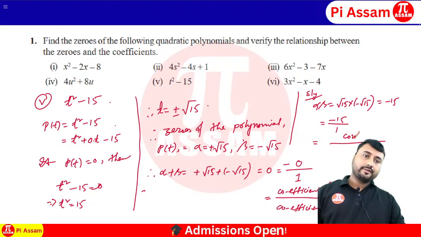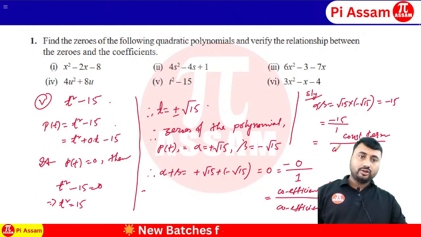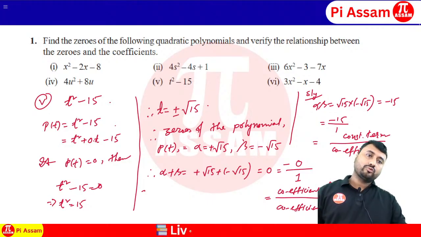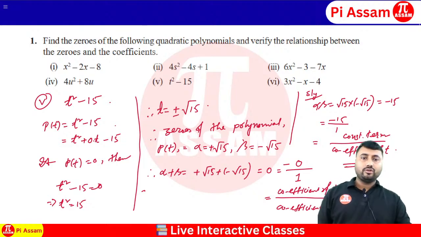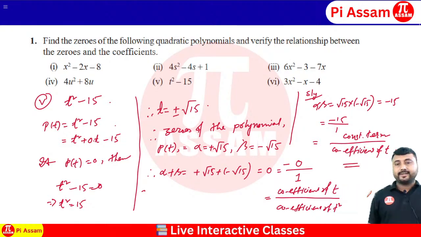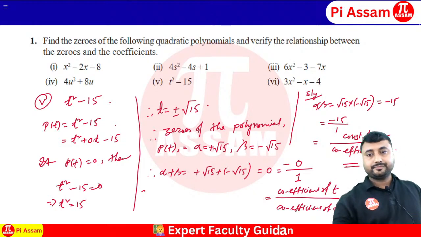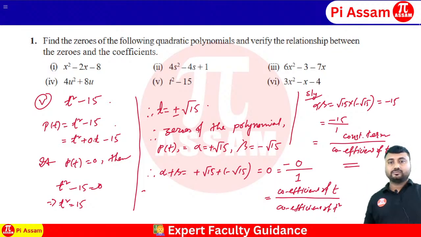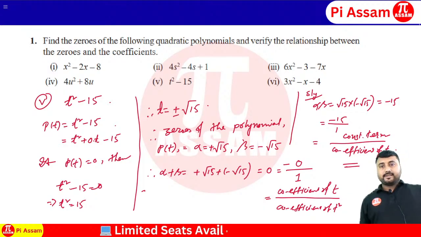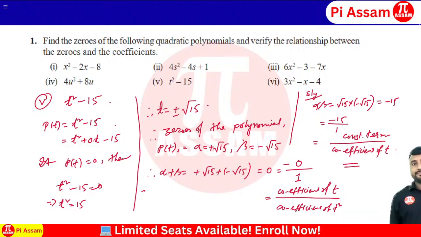So which is the constant term divided by the coefficient of t square. So which is also verified. So both the relations are verified. Very easy question.